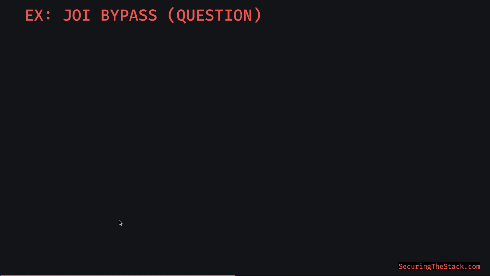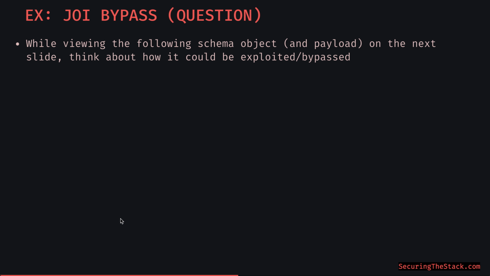Now, here's a question. I'm going to be showing you a Joi schema coming up, but it can be bypassed in a few ways, or in one way in particular. So this will be an interesting exercise. While viewing the following schema, object, and payload on the next slide, think about how it could be exploited or bypassed.